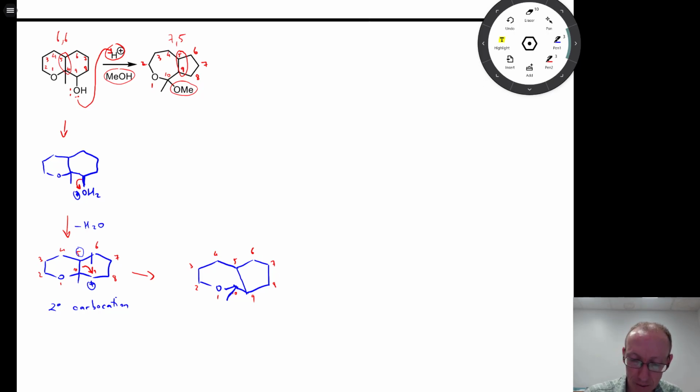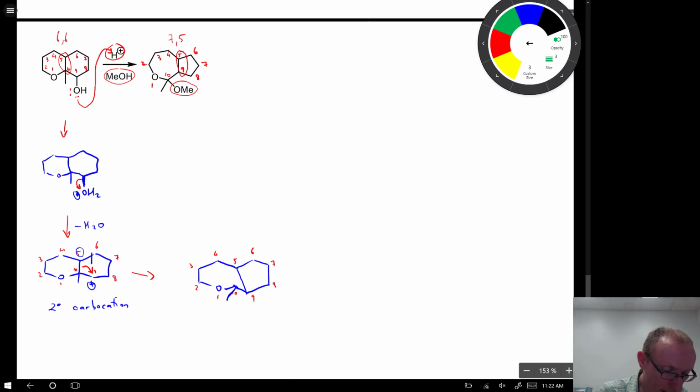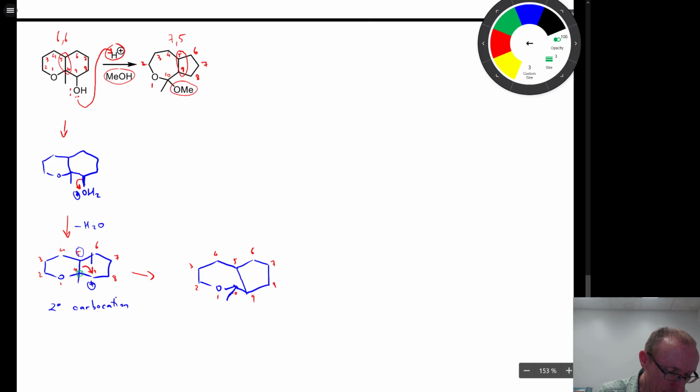So what we've done, if we look at this, and I'll get another color, is taken electrons away from carbon 10, from the 5-10 bond, and pushed them towards 9. 5 still has a bond, it's just migrated who it's bonded to.